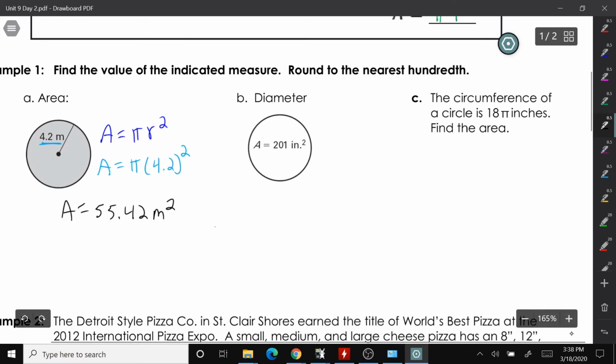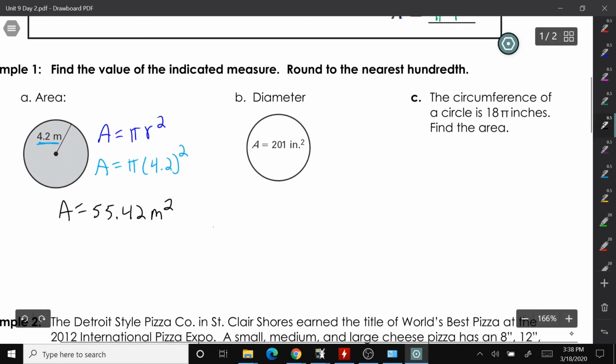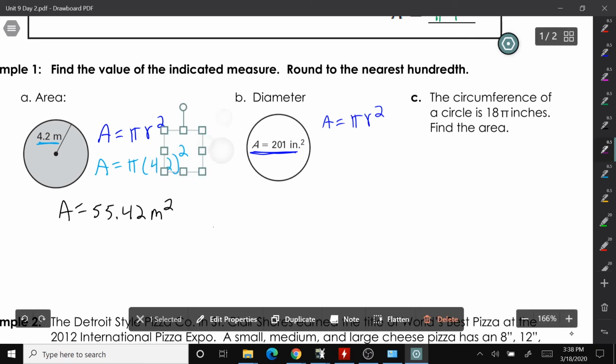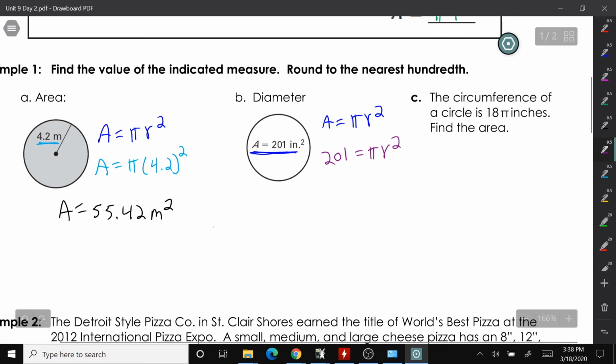All right, the second example, we're asked to find the diameter when we're given the area. Okay, so the area is pi times the radius squared. We know the area is 201. So 201 equals pi times the radius squared. So in order to get the radius by itself, we're going to divide both sides by pi.